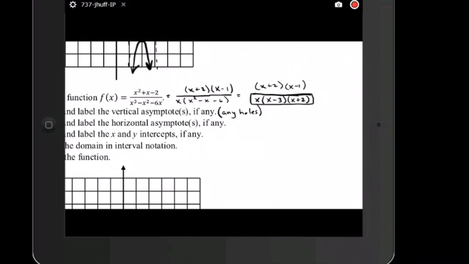But there aren't actually 3 vertical asymptotes because the x plus 2 crosses out, right? Anytime a factor crosses out, that creates a hole in the graph. So there is a hole when x equals -2 because it's a factor that was factored out.